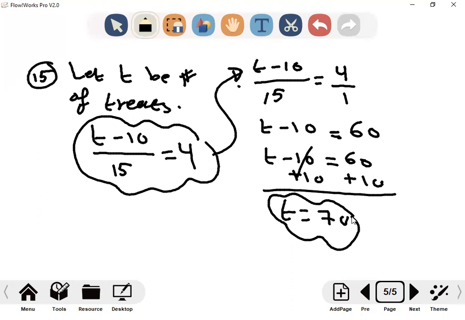Let's revise the question together. He has 70. Took 10 from it, this will give 60. Divided by 15, 60 divided by 15 is how much? 4.